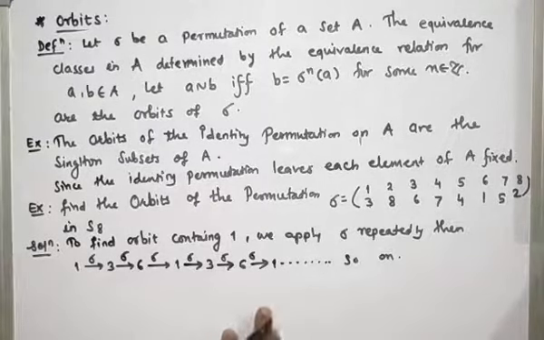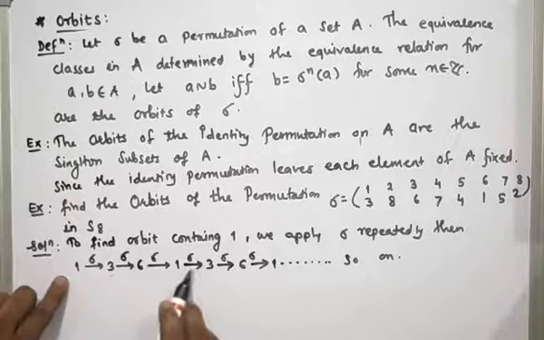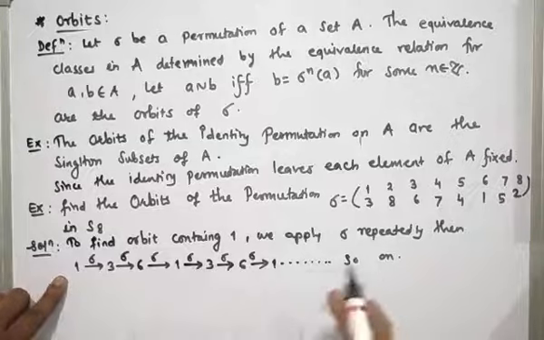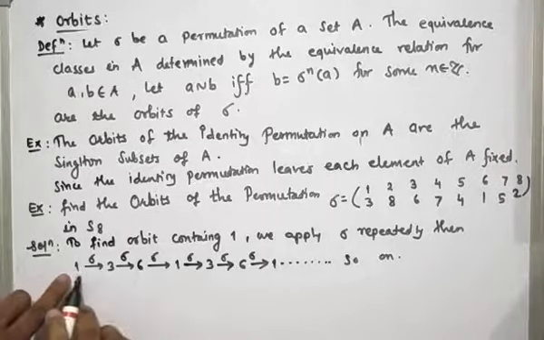So like this, after applying sigma we get 1, 3, 6, 1, 3, 6, which means the elements repeat after 6, so the orbit contains only the 3 elements 1, 3 and 6.